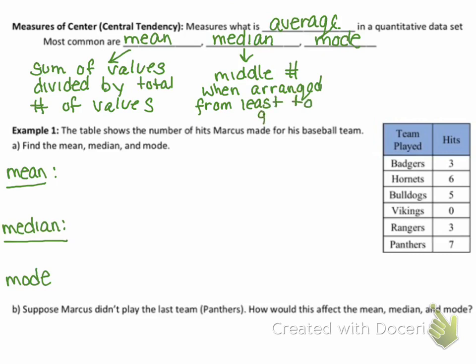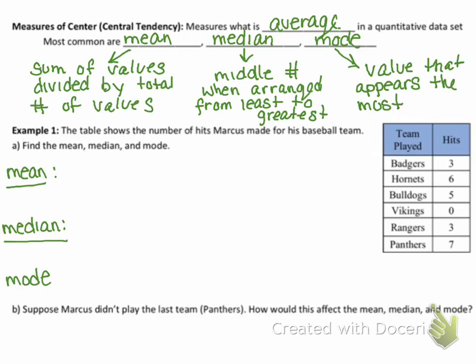And then finally, mode is the value that is seen the most often, the value that appears the most. Mode and most.